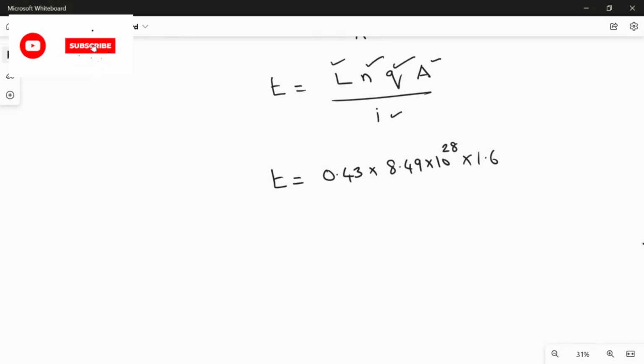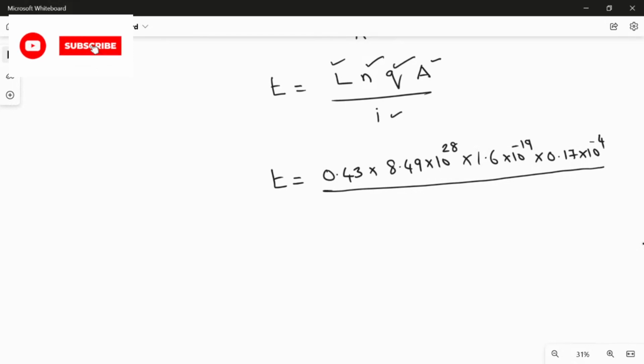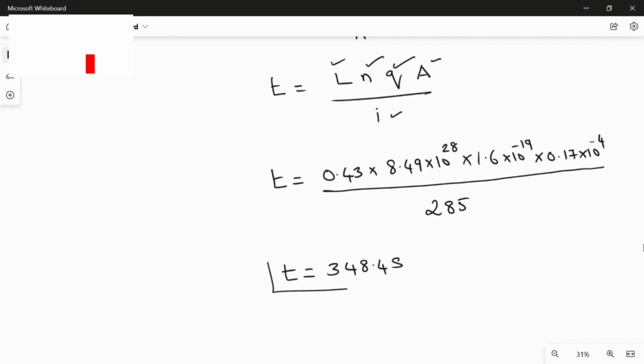Here I am going to write only the magnitude, so 1.6 multiplied 10 power minus 19, and the cross-sectional area, which we already converted from centimeter square to meter square, 0.17 multiplied 10 power minus 4 meter square, divided by the current, which is given in the question as 285 ampere. If you calculate everything, we will get the answer for the time in terms of second as 348.4 second.